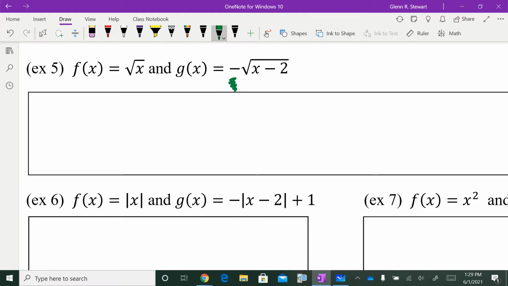We've got the negative on the outside. This is something different again. This is a vertical reflection. Vertical reflections are over the x-axis.